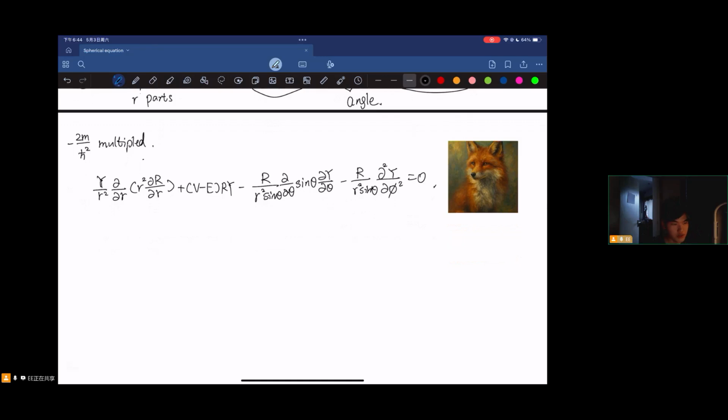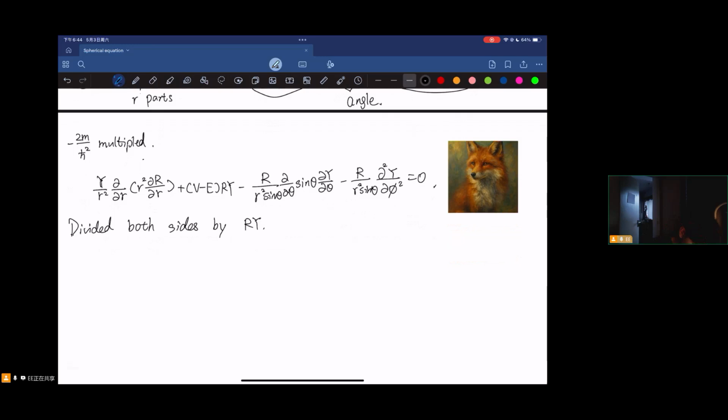divide both sides by ry, and we'll figure out something. Divide both sides by ry. Let me check if I am recording. Okay, yes.